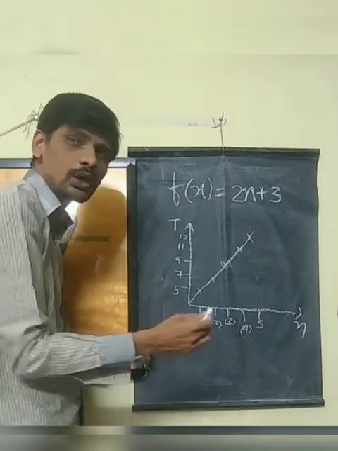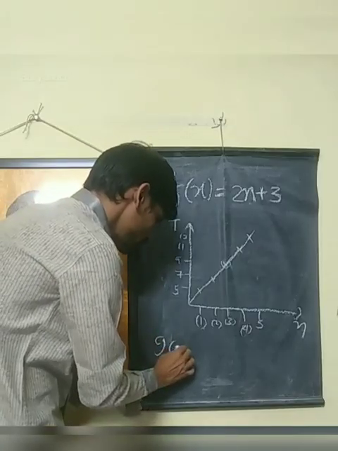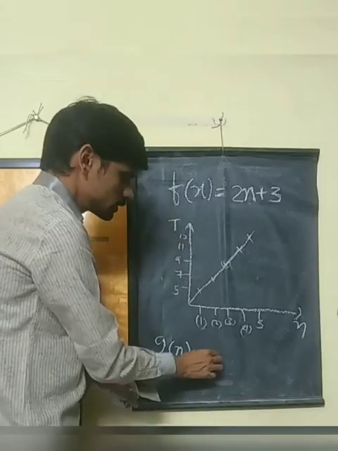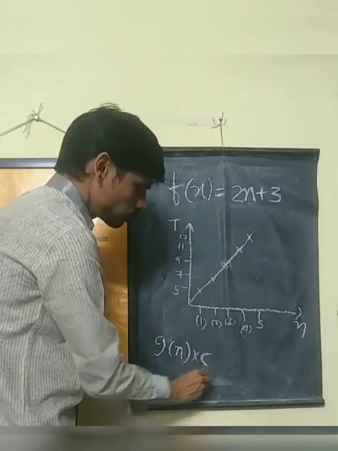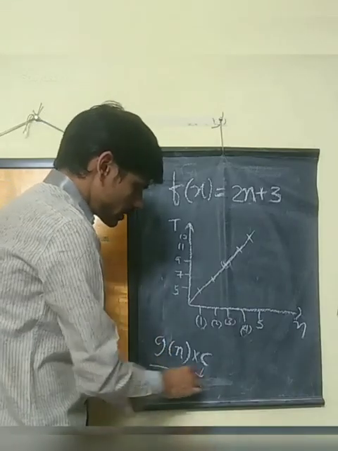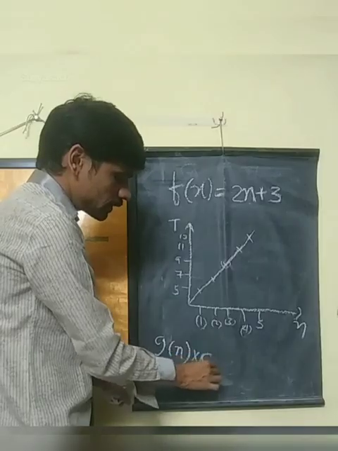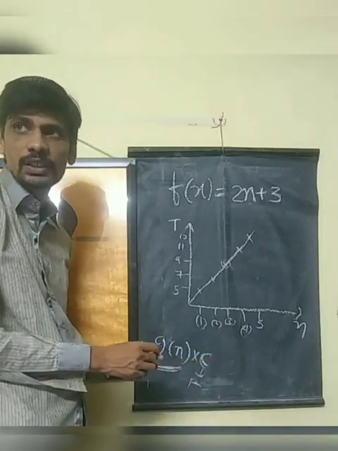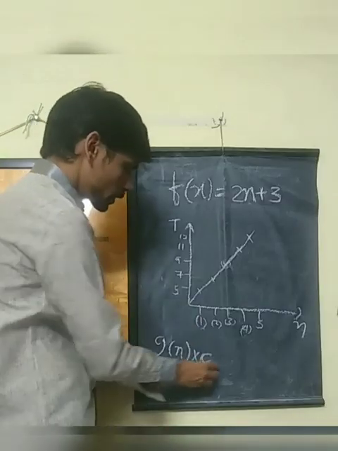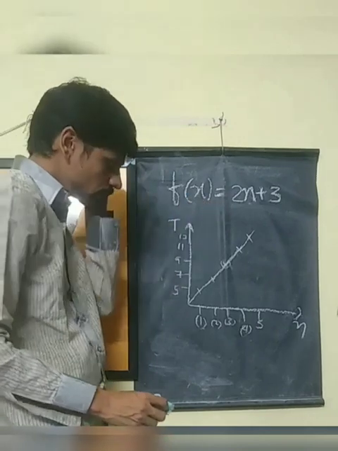Let's call it g of n, and we will multiply it with c, where c is a positive constant. I am simply multiplying g of n with a positive constant c. Now I want to find a function.